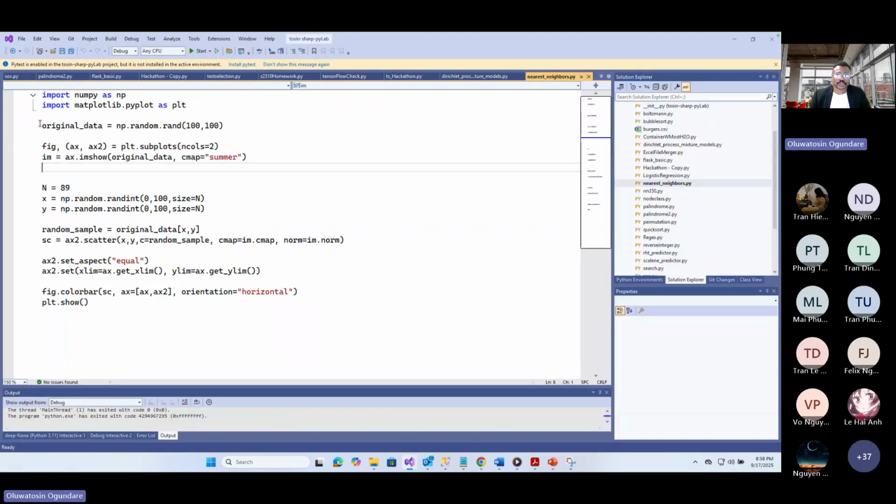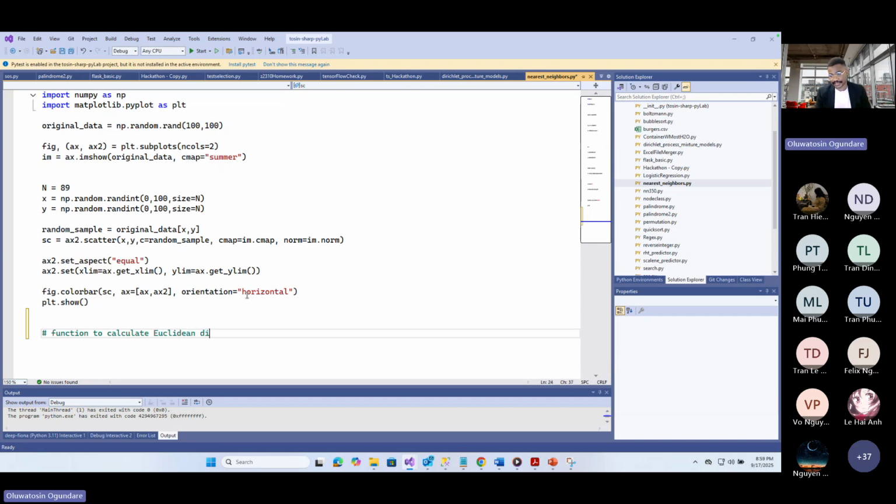Okay. So you can generate your data by just generating random points. And you can see that this generates a pair of points, so this is a two-dimensional plane. And of course, the first thing you need to do is have a function to calculate Euclidean distance.